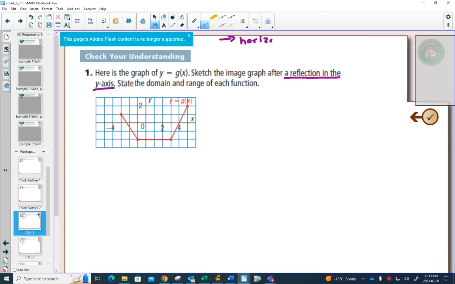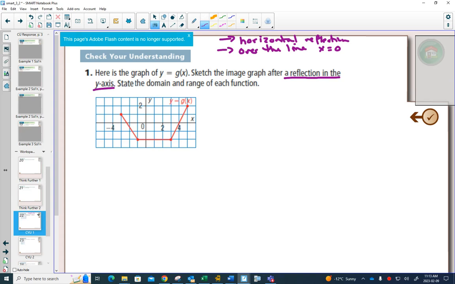So I could ask this same question by asking for a horizontal reflection. It could be asked as a reflection over the line x equals 0. So your y-axis has an equation. The equation of your y-axis is x equals 0.